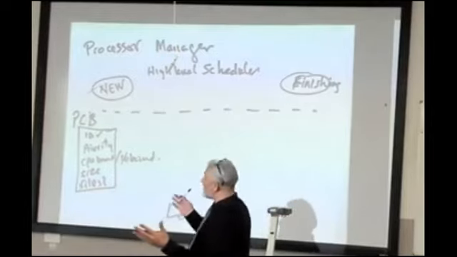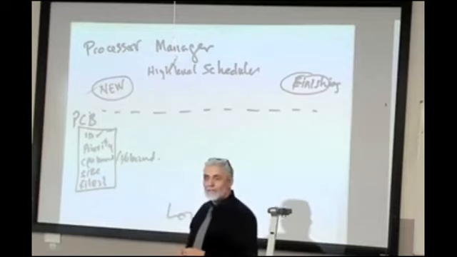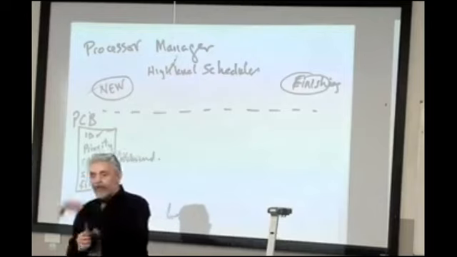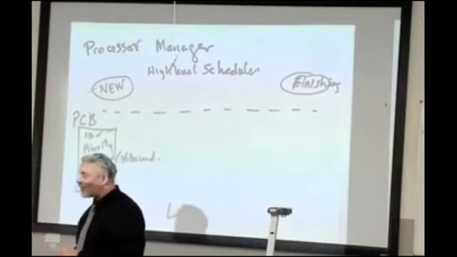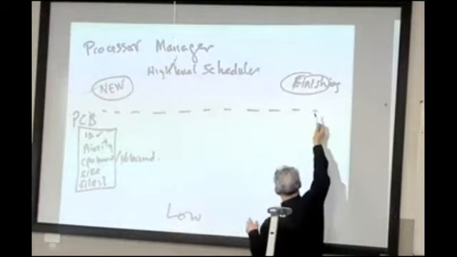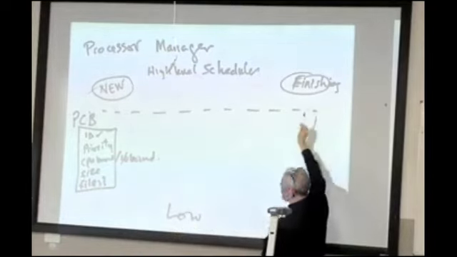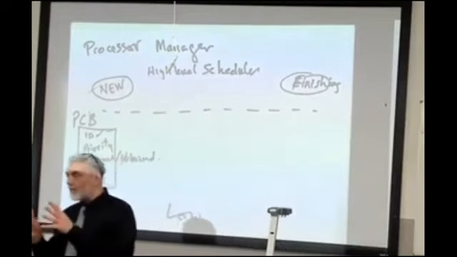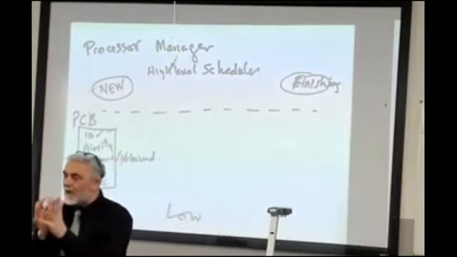When is it created? At the new stage. When a process comes in, we create a PCB for it. Every process that comes in, we open a new PCB for it. And when it leaves, we destroy or discard it at that stage. So as long as you're here in the college, there's a file.